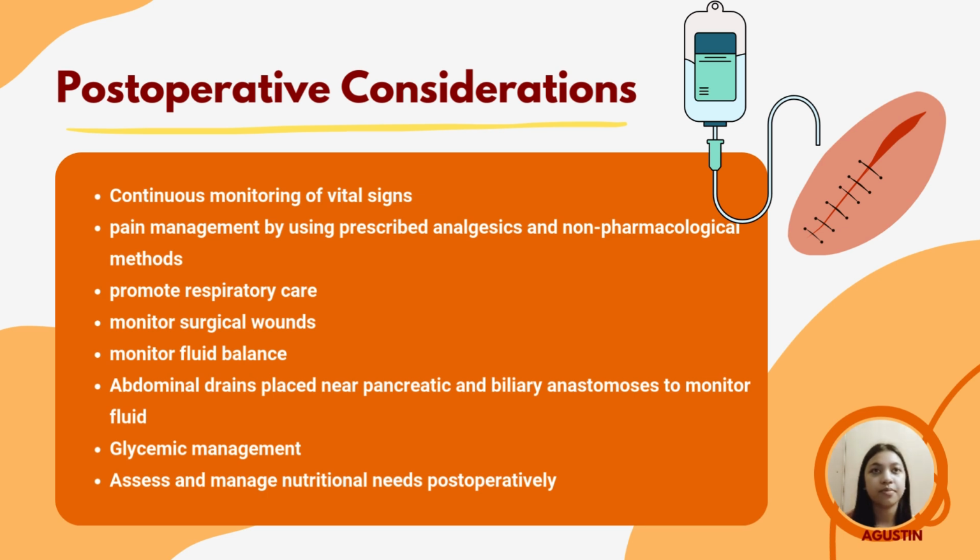Then, promote respiratory care, including deep breathing exercises and incentive spirometry to prevent atelectasis and pneumonia. Then, monitor surgical wounds for infections, dehiscence, or hematoma. Upon doing so, we need to maintain strict aseptic wound care and educate the patient of signs of infection.